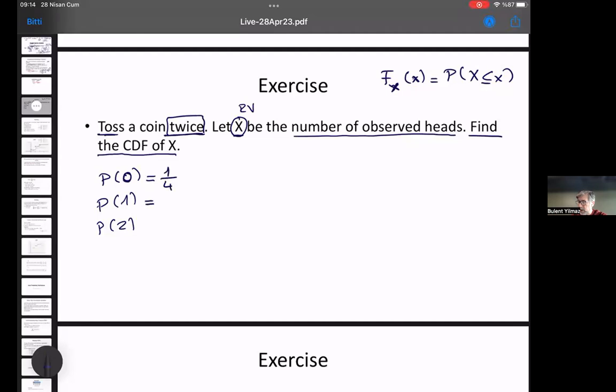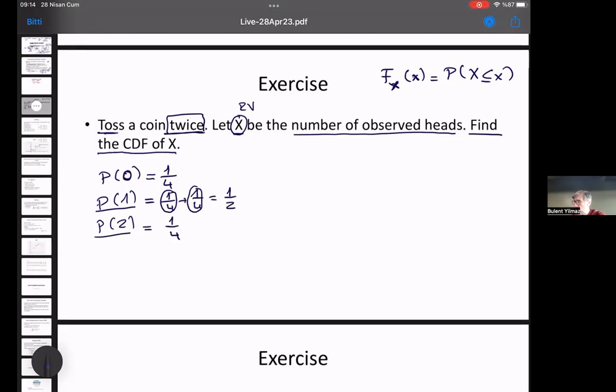What's the probability of obtaining 1 head? It is 1/4 plus 1/4, right? The first one is 1/4, and the second one is 1/4. So what's the probability of obtaining 2 heads? Again, 1/4, right?